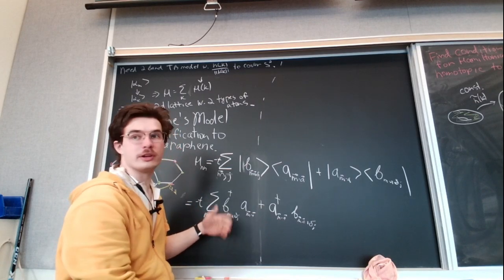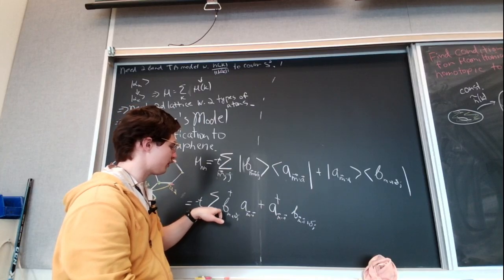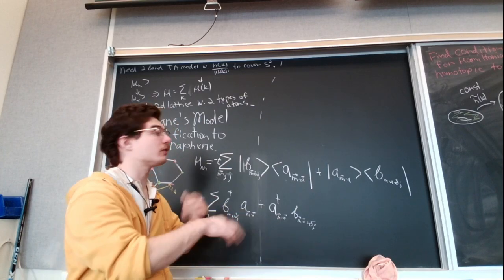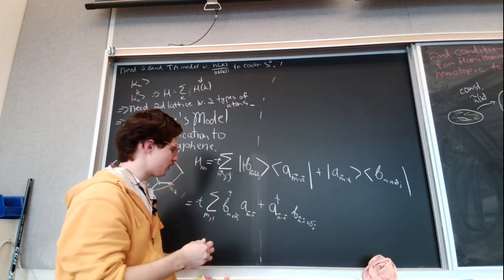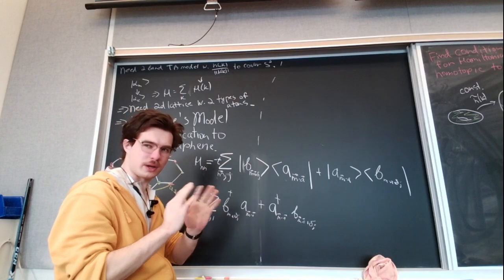And now I want to write down the Fourier transform for B, the Fourier transform for A, and write this all in momentum space. I'm going to do this kind of quickly.